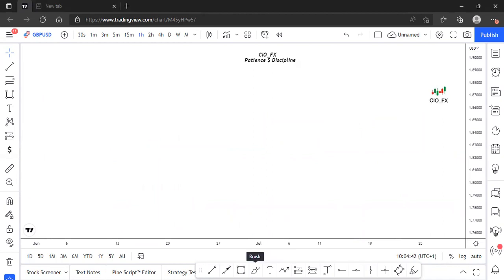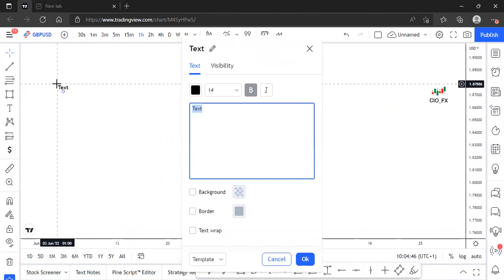So let me type it out. We'll deal with primary zones, we'll deal with internal structure, and we'll deal with secondary.